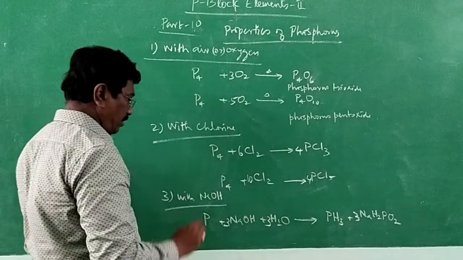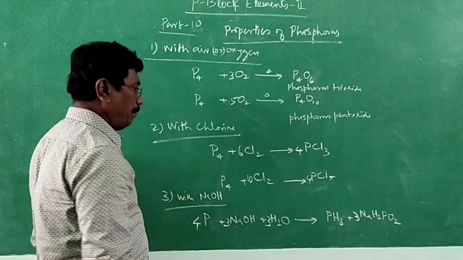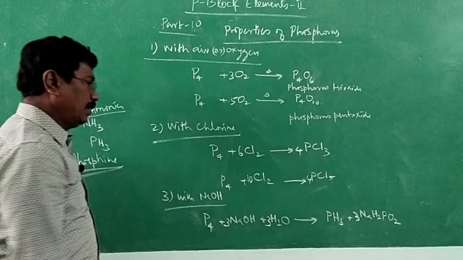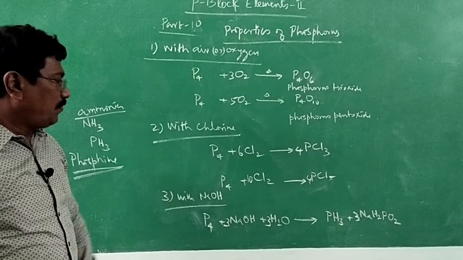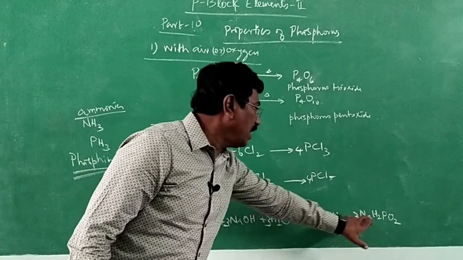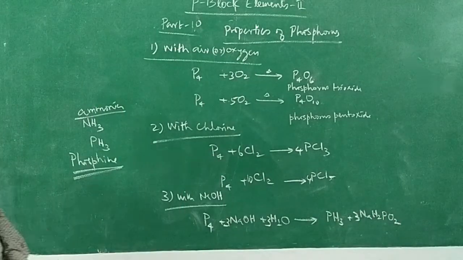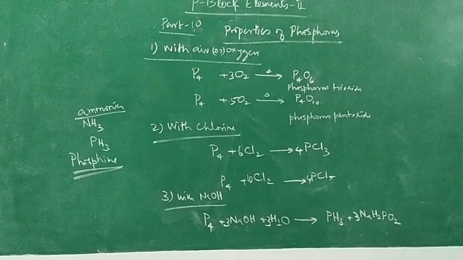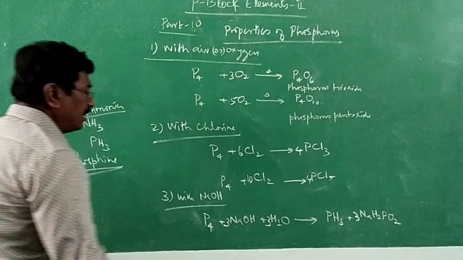It is a balanced equation. Yes, P4. Out of 4 phosphorus, 1 is becoming phosphine, 3 will become sodium hypophosphite. This is how the reaction occurs. Therefore, P4 plus 3 NaOH, 3 H2O, heated in an inert atmosphere.